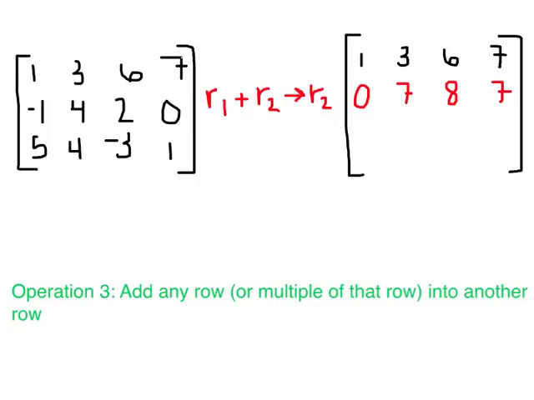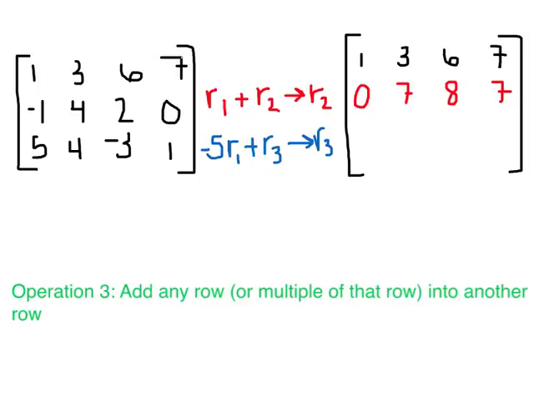The next thing we could do, let's take a look. Let's say I want that 5 to be a 0. Well, if I have 1 times what would cancel out with 5? That's a -5. So I could go -5 row 1 plus row 3 can be my new row 3.